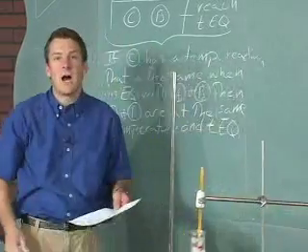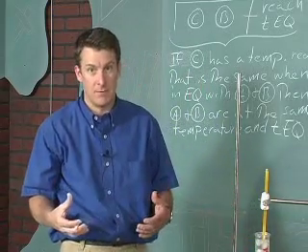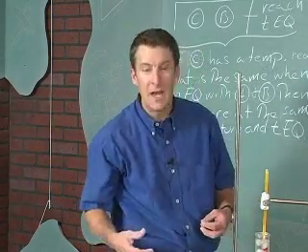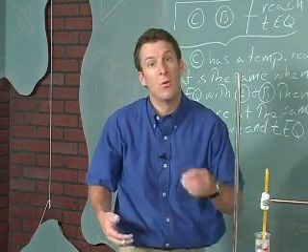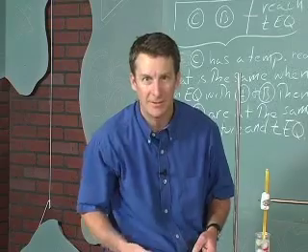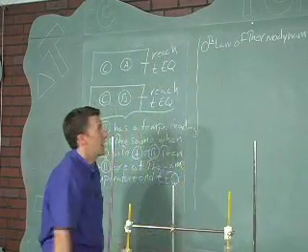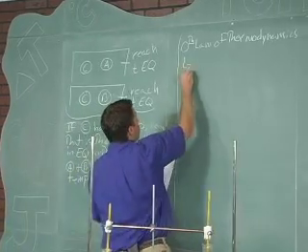It says that if objects A and B are each individually in equilibrium with a third object, C, then A and B are in thermal equilibrium with each other when placed in thermal contact. And so that is our definition of the 0th law of thermodynamics.